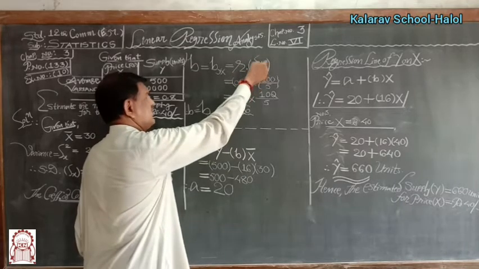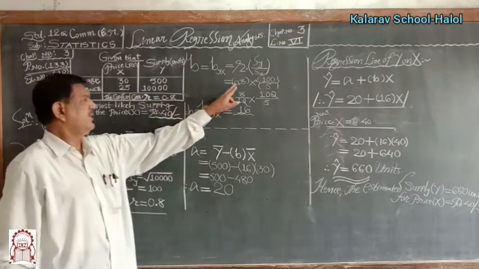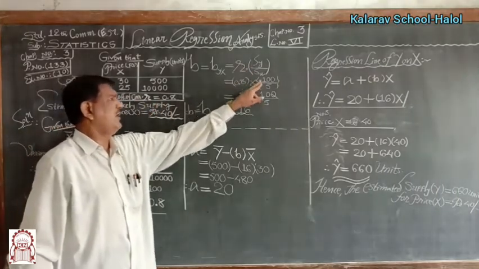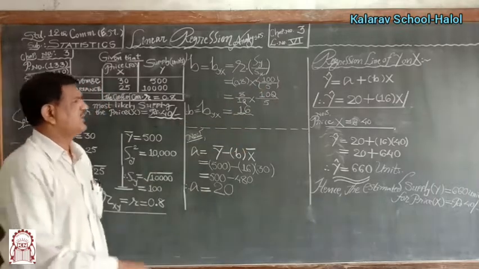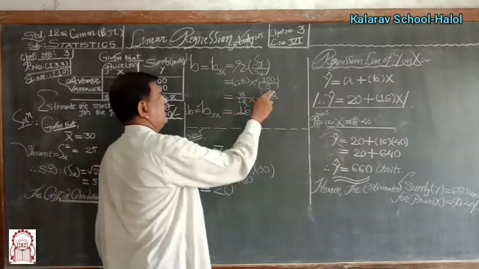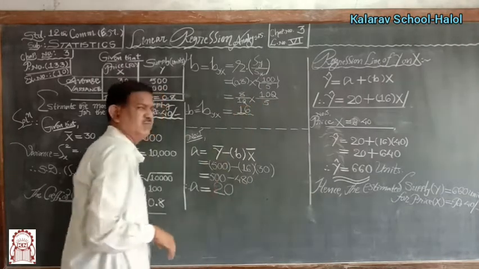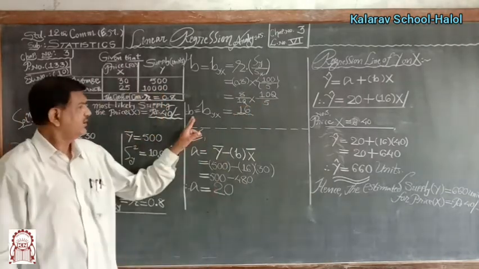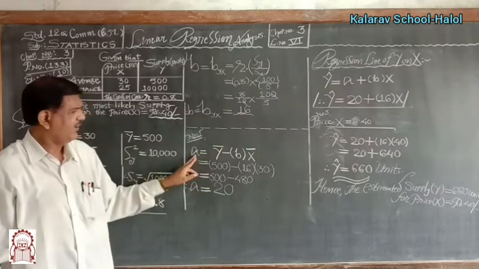In numerator Sy, in the denominator Sx. r is given to be 0.8, Sy 100, Sx 5. More simplification will give you 8 upon 10, 100 upon 5, 5 to 10 and 8 to 16. The answer of b, means byx, is 16.